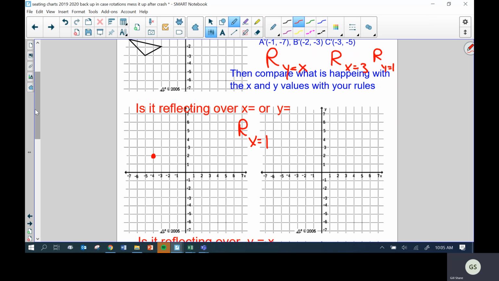So I want to know, is the second point we have, so this would be -4, 2, and let's say the point that we're checking it with, like up here we had a second point, so let's say the point is -2, 4. And we want to know, and one of the options in the question is, is it reflected over x equals 1?